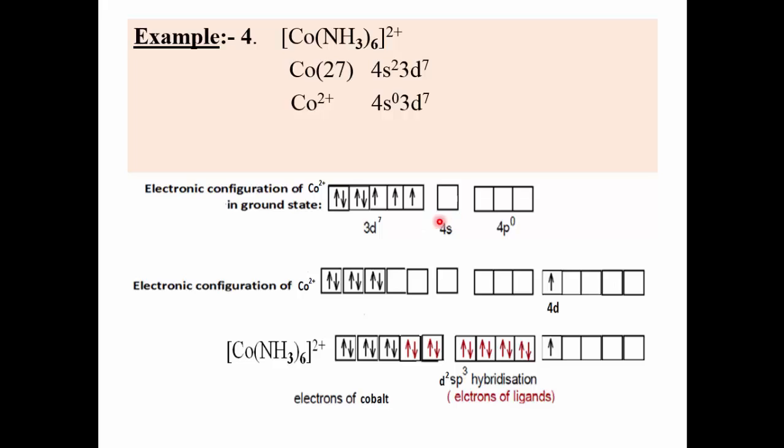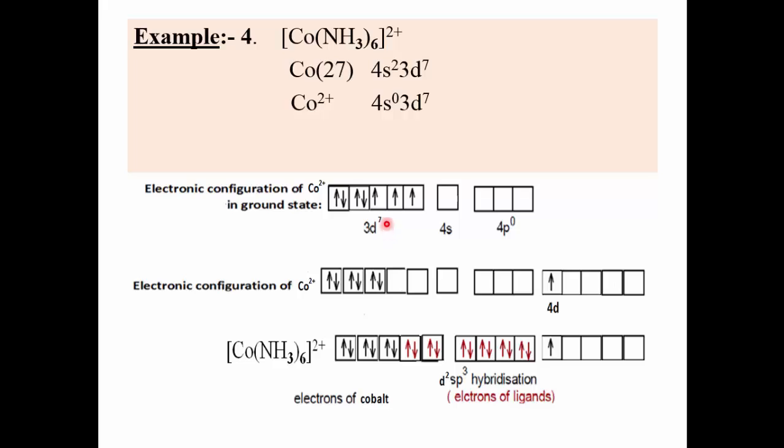See this one. No electron is present in the 4s orbital, no electron is present in the 4p orbital, but 7 electrons are present in the 3d orbitals. But we know that for d2sp3 hybridization, we require 2 vacant d orbitals.